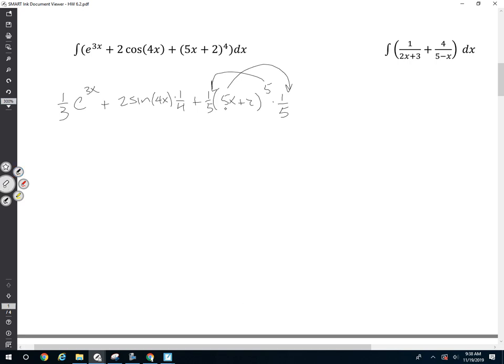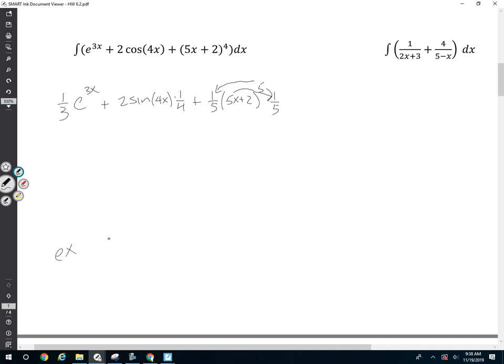Let me just change it really quickly. Well, no, I'll keep it, but for emphasis, I will do a different one for you. This 1/5 comes from here. This 1/5 comes from here.